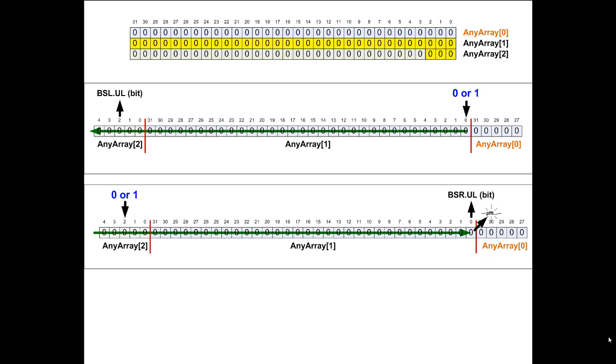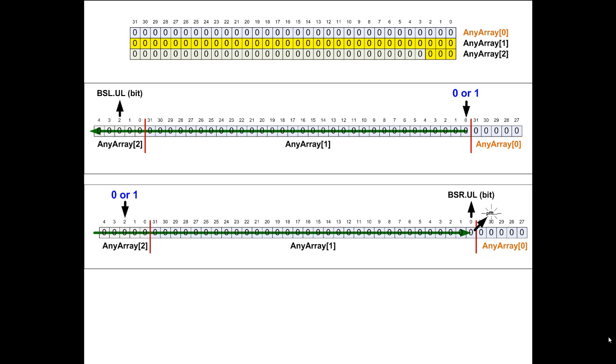However, if you make a length greater than 32, in this case it looks like we have 35. If we do a bit shift left, the most significant bit of this shift or this length is going to be bit 2 of any array 2. Starting with bit 0 of any array 1, that's the first bit.